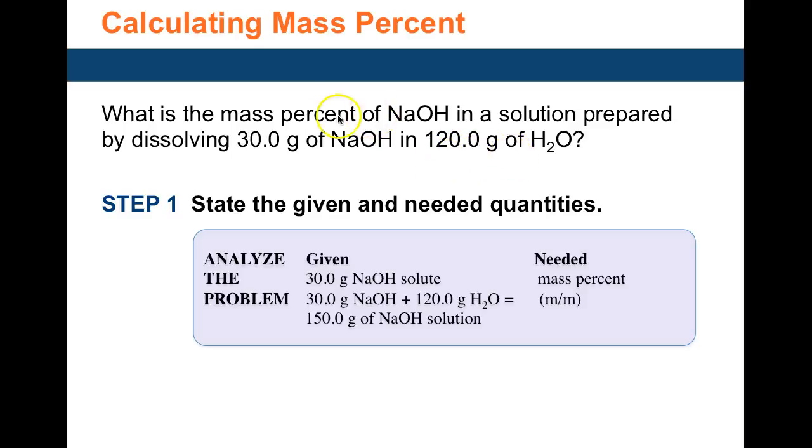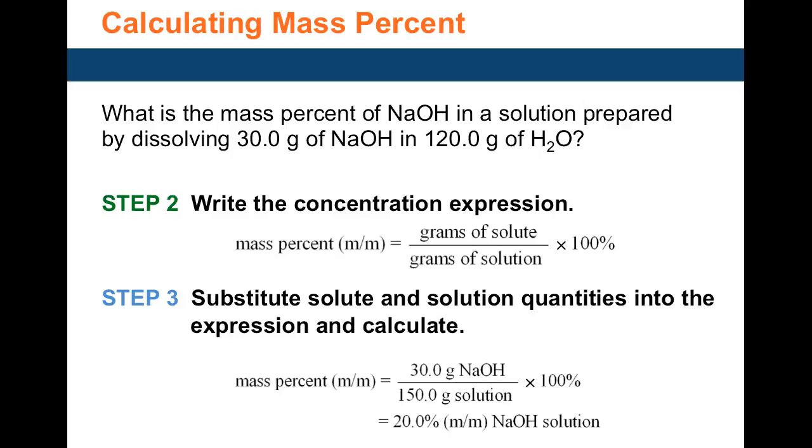What is the mass percentage of this sodium hydroxide solution? All right, the solute, the lesser amount, is the sodium hydroxide, 30 grams. The solvent, the larger amount, is water. So 30 plus 120, that's 150. So 30 divided by 150 times 100, that would give you your mass percentage, and that comes out to be 20% mass by mass.